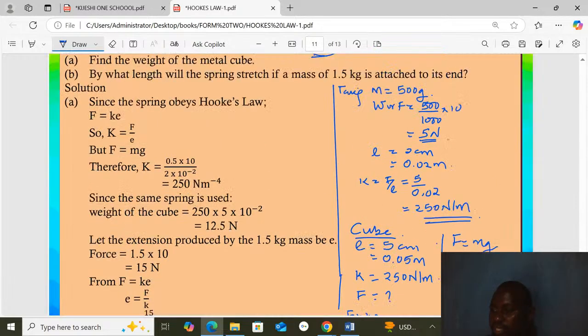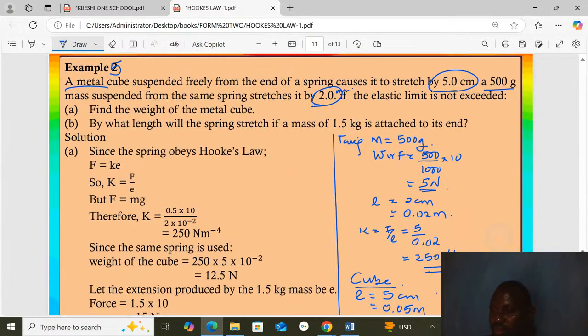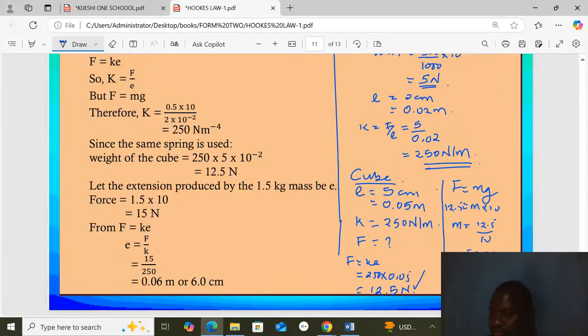Remember, the question is asking us for the weight, so we are supposed to arrive at this point. So this one, we can cancel it out. But it will be of importance in case you are asked about the mass.